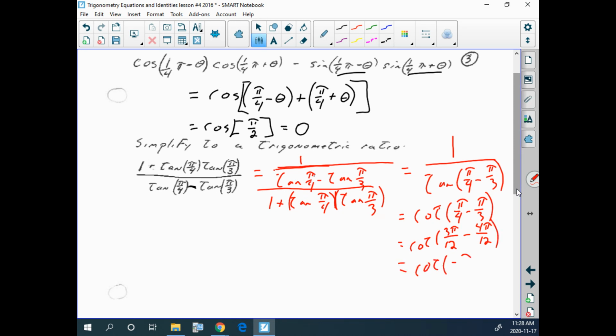Cotangent of negative pi over 12. That's what that has simplified down to. Now, I don't know what cotangent of pi over 12 is, so that's the simplest it's going to get written down to.